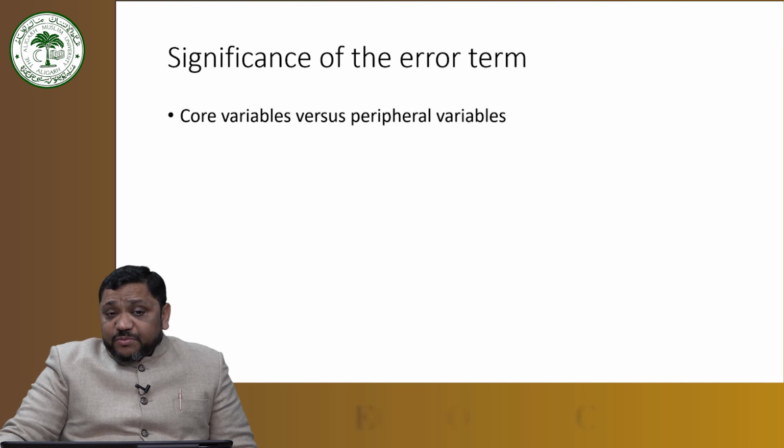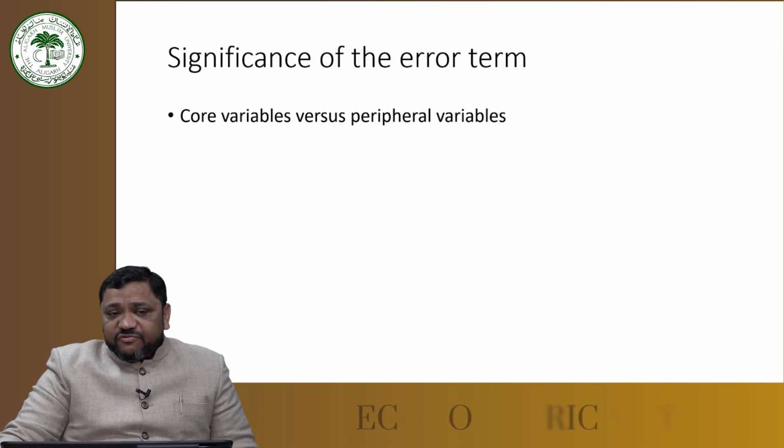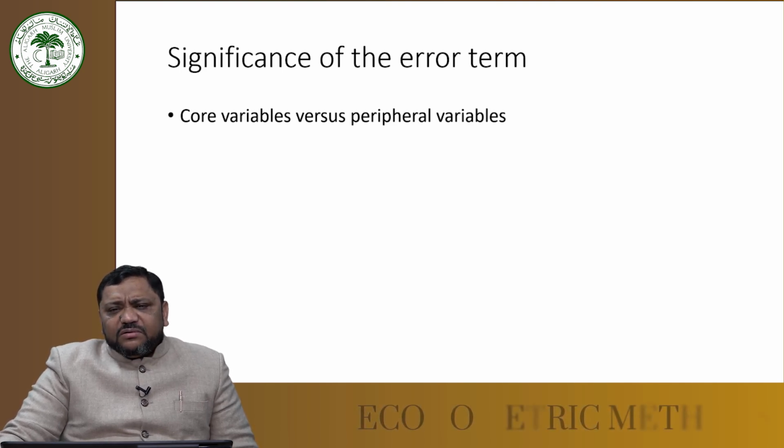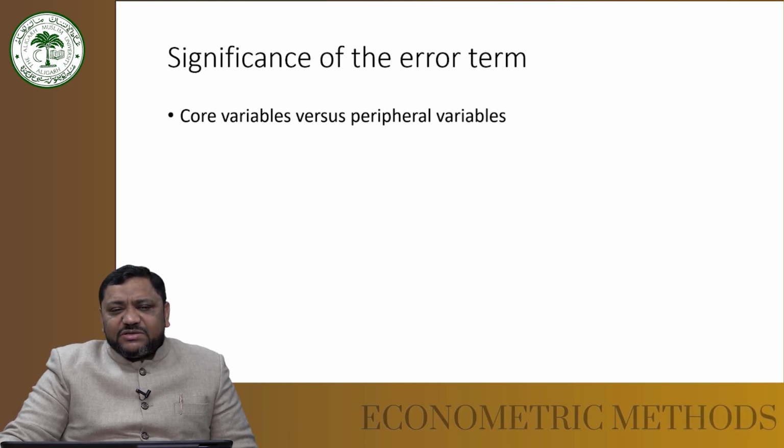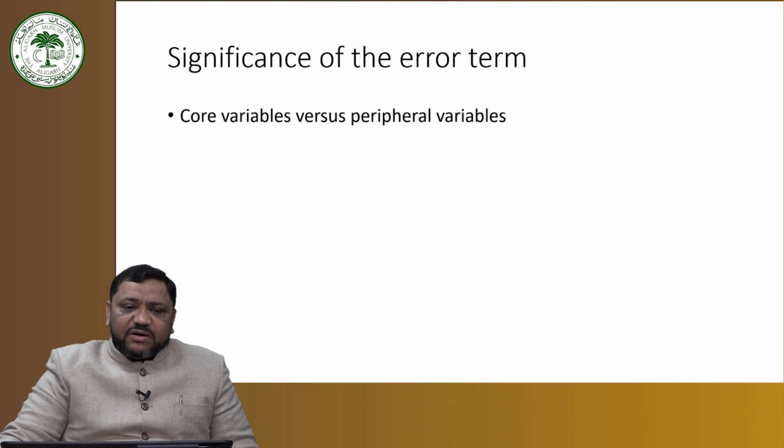Next, the core variables versus the peripheral variables. In our example of consumption and income, let us assume that in addition to income, factors such as number of children per family, gender, religion, education level, and geographical region also impact consumption expenditure.